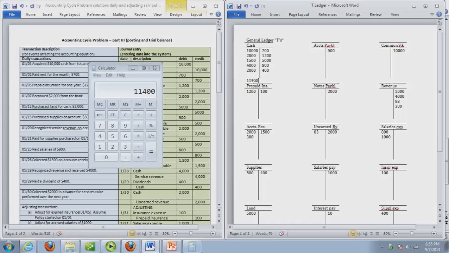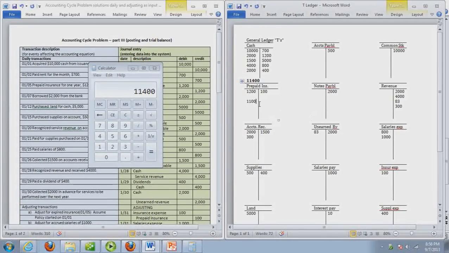So there's 11,400. I'm going to bold this so you can see it, and notice it's on the debit side. Again, let's double check. We'll go through and do the ledger, and if it's not right, we'll come back and correct it. How about that? So prepaid insurance, 1,200 minus 100 should be 1,100.